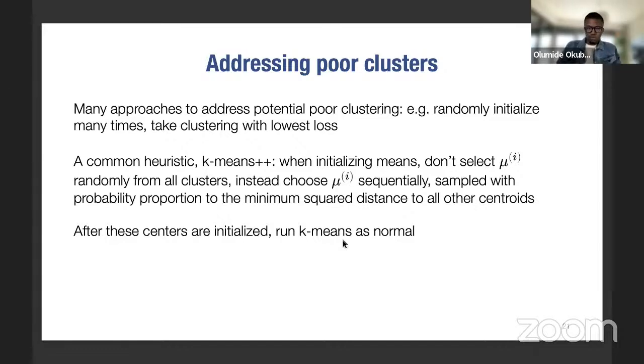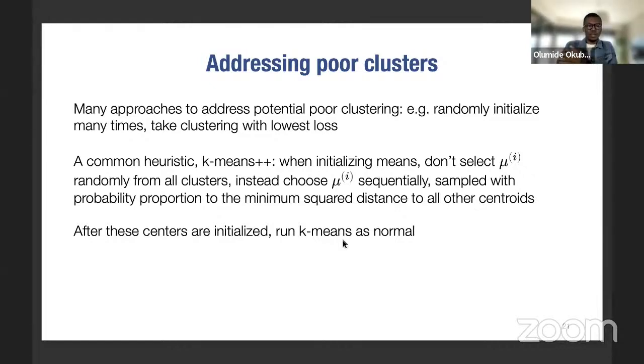So when we choose the first one randomly, the second one is sampled: you're going to pick one of the data points as the centroid, and sample it based on a probability distribution based on the square distance to the existing centroid. So you've picked number 2. Number 2 happened to be a center that you sampled with high probability, and based on high probability, you know that it is as far as possible from center one.